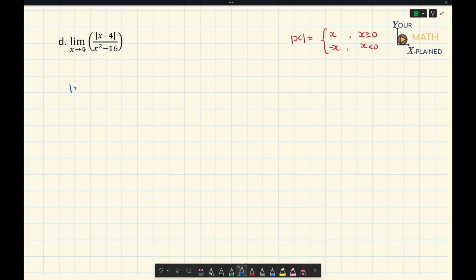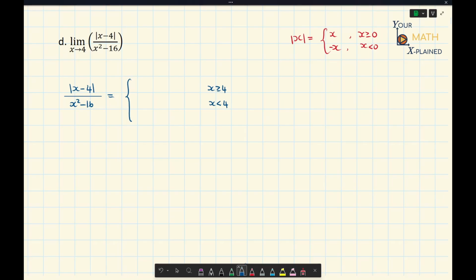So that means our function, the absolute value of x minus 4 over x squared minus 16, can be split into a piecewise function, one for which x is greater than or equal to 4, and the other for x less than 4.